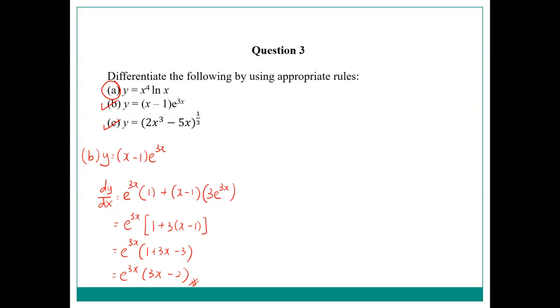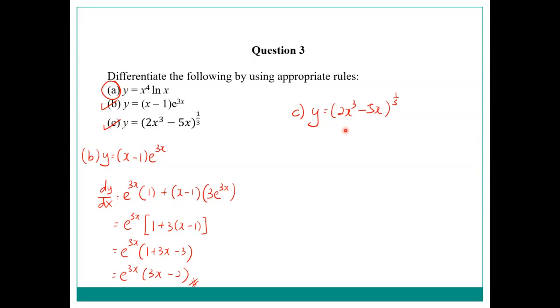Okay? Question C. Question C, we have y equals 2x cubed minus 5x to the power of 1 over 3. So guys, in your opinion, should we apply product rule or quotient rule in order to find the dy dx?